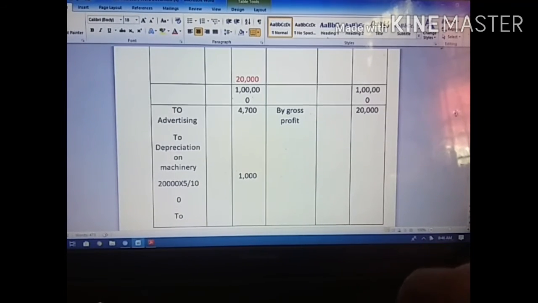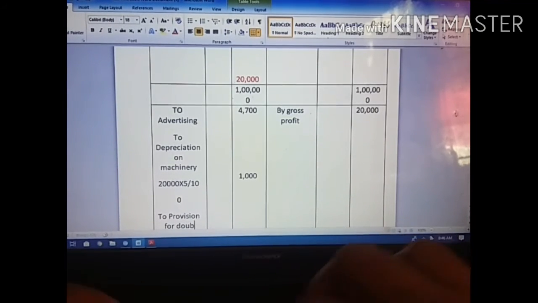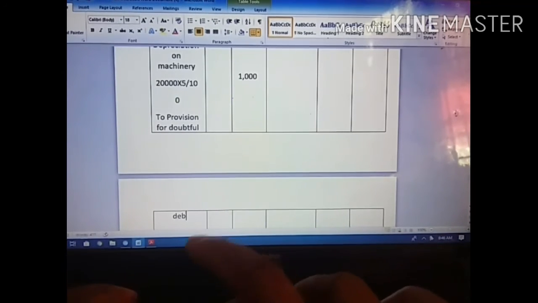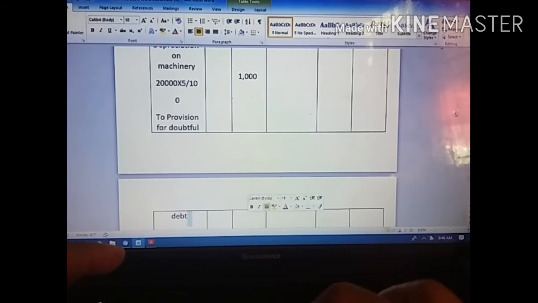To provision for doubtful debts, the given amount.